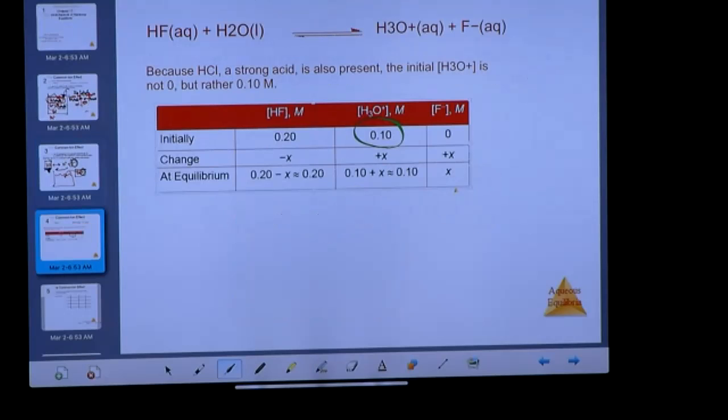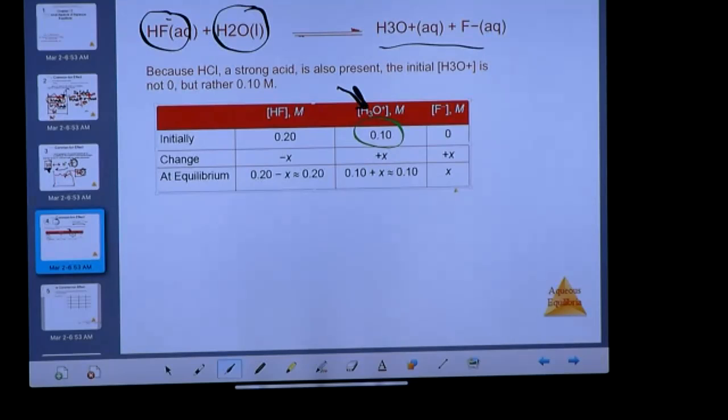Here's an example. Because HCl, a strong acid, is also present, the initial H plus is not 0, but rather 1 point whatever. So here I have a weak acid. I have my water. It dissociates here, but in this table, I put some H plus.